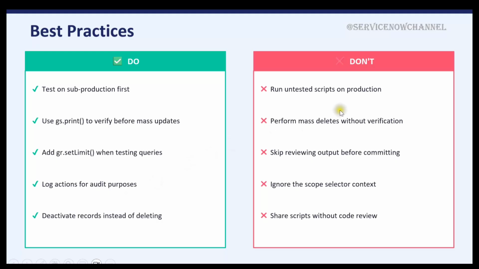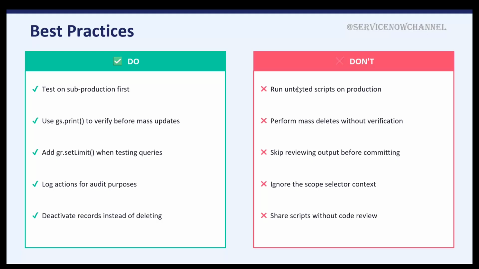Okay, so now what don'ts will come in a background script? Let's see. Run untested scripts on production. So don't run any scripts in production directly until you are confident whether your scripts will run.